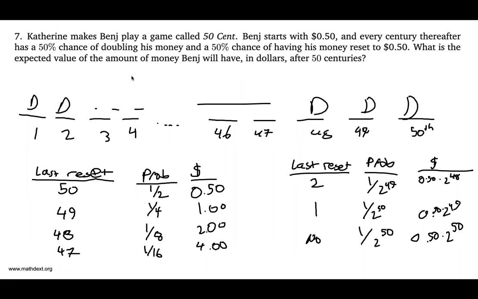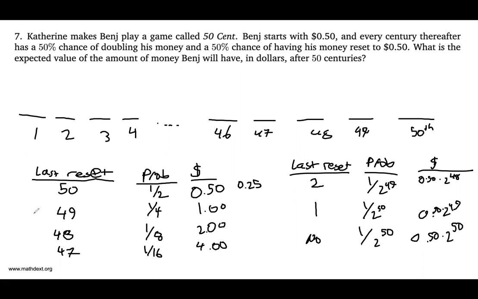All right, now that we've made our table, how will this help us? Well, it turns out that in order to calculate expected value, all we need to do is find the expected earnings from each case and sum them all up. In particular, the expected earnings from the first case is 1/2 times 50 cents, which is 25 cents. And the reason is because half of the time he will get 50 cents. So you multiply 1/2 by 0.50.